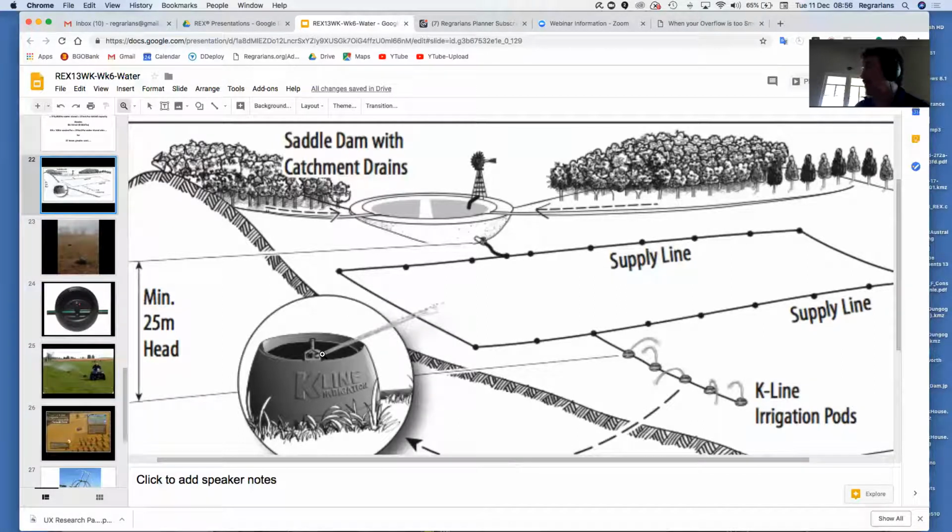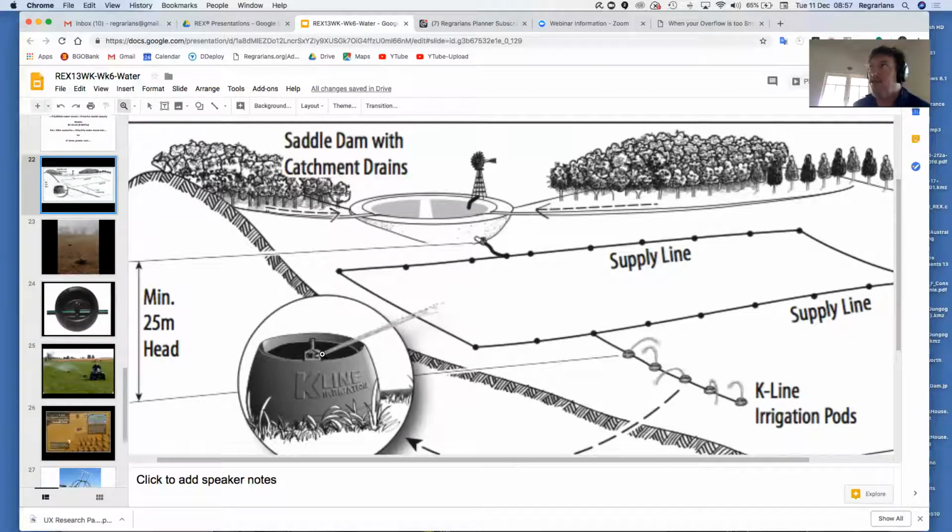It's K-line irrigation within your keyline irrigation network," which it is, and the cheeky Kiwis, of course, trying to confuse us. But no, this is a really good system. Why I like it in particular is that it uses a lot less water to go a lot further.